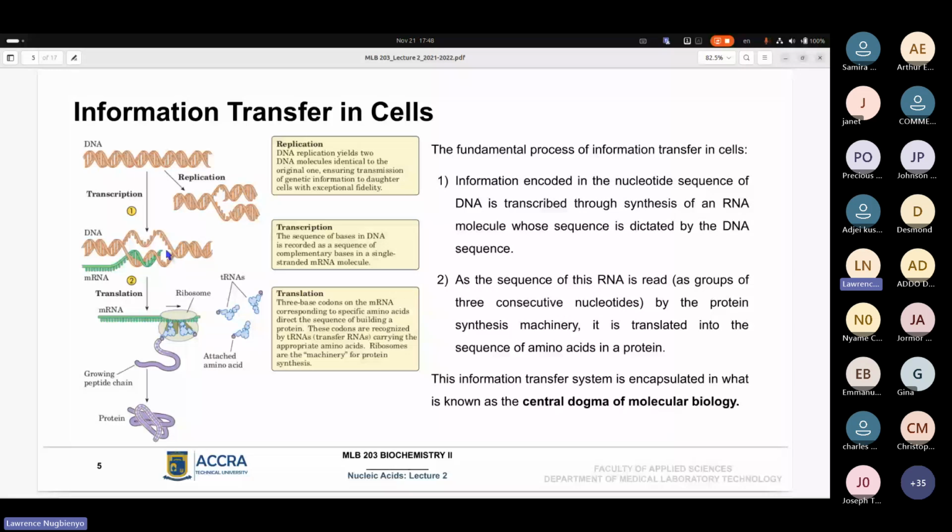You only copy the information onto a messenger RNA, which later comes out through the nuclear pore from the nucleus into the cytoplasm for translation to occur, and then there is the synthesis of a protein out of it.